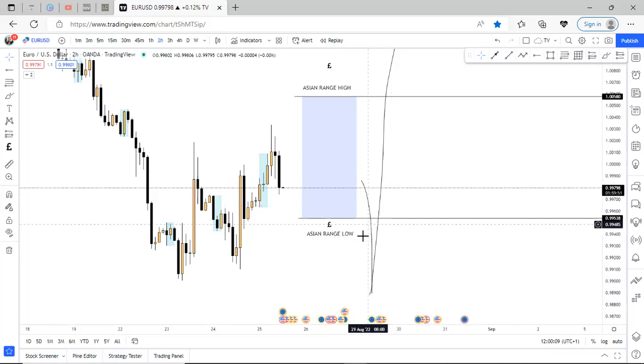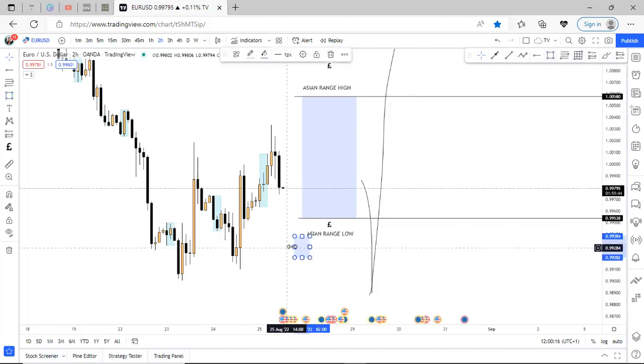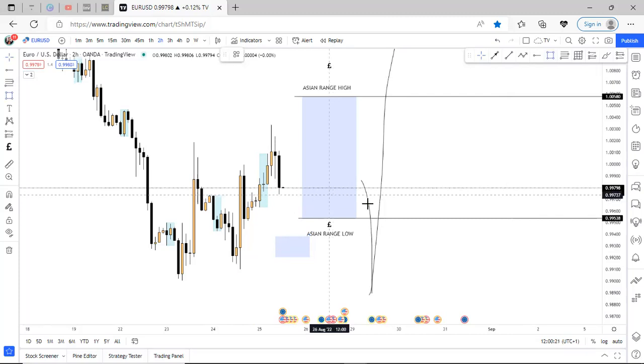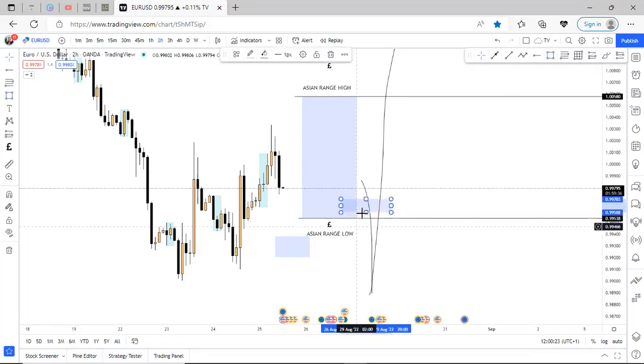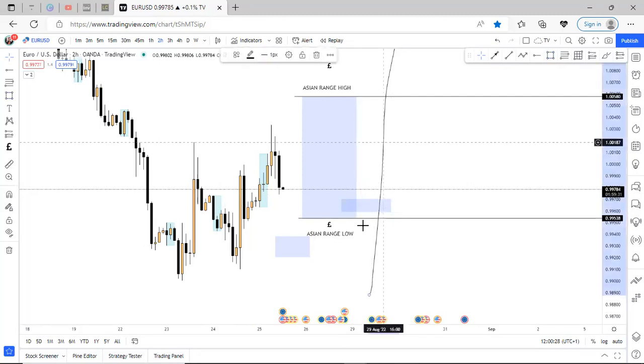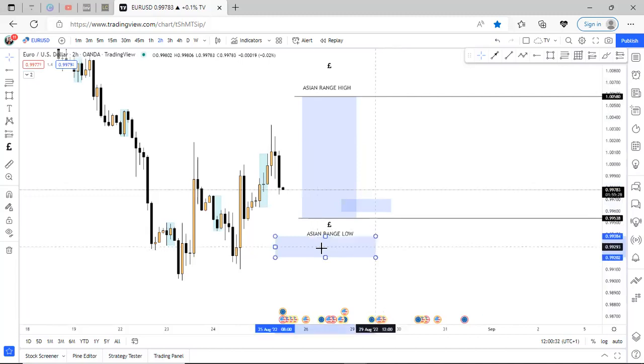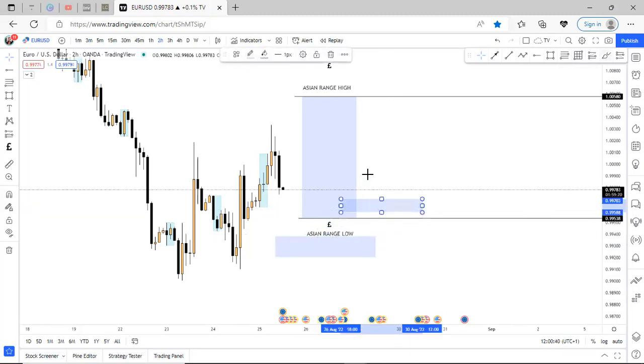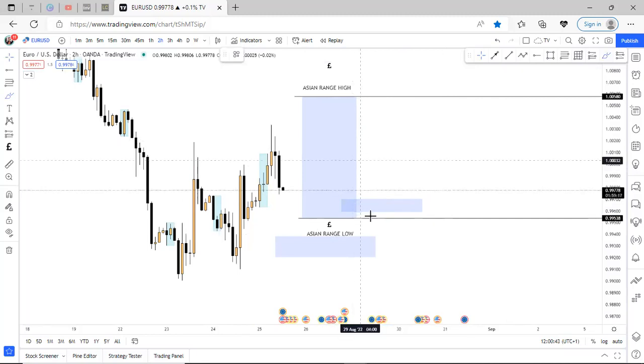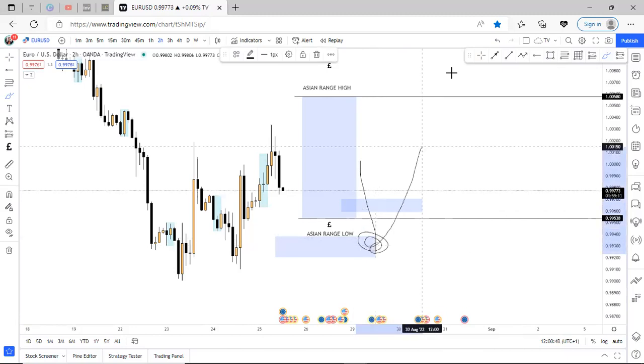Once I come to my chart during the London session, if there is a point of interest lying below my Asian range low, and there's another point of interest just above the Asian range high, I will mostly wait for the point of interest that lies below the Asian range low, instead of taking the point of interest right here, because most times the institutions will push price down to grab the liquidity, tap into this order block or demand zone, then we start buying all the way up.